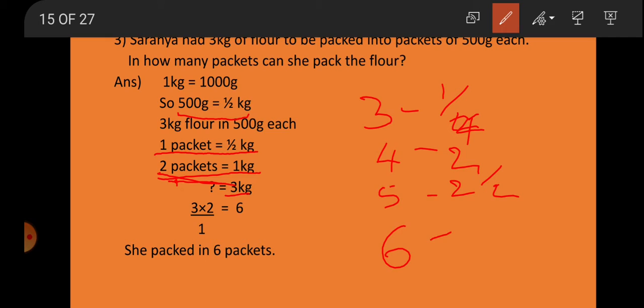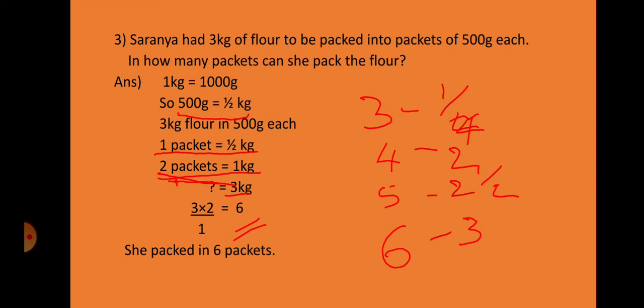Then 6 packets 3 kg. So 3 kg is 6 packets. This is the answer. Like this also you can write. So she packed in 6 packets. Okay, with that we have finished that lesson.